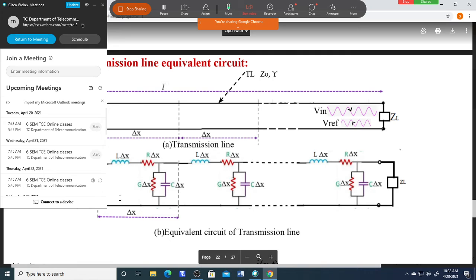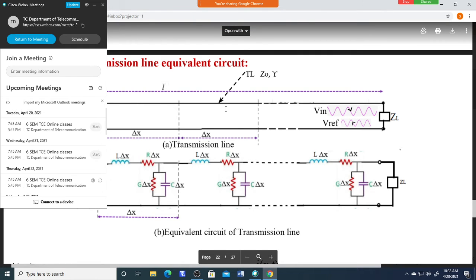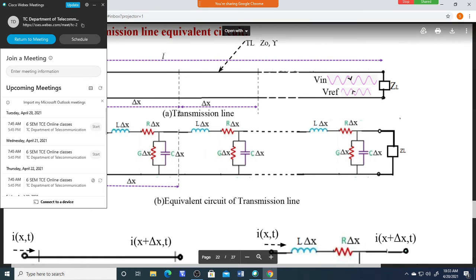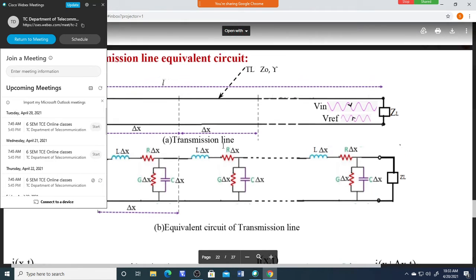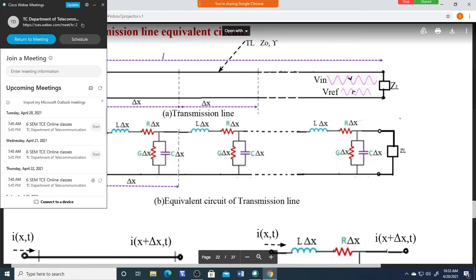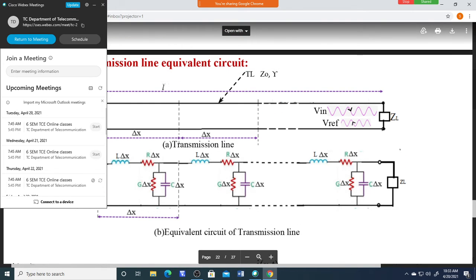So voltage and current are there, and the reflected wave is there. Now, if I want to find out the voltage here, or here, or here, it is a function of distance. The voltage you measure here is the addition of reflected and incident, but it depends upon the distance at which you are measuring from the source.